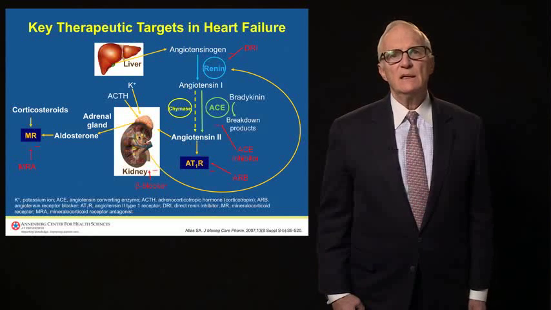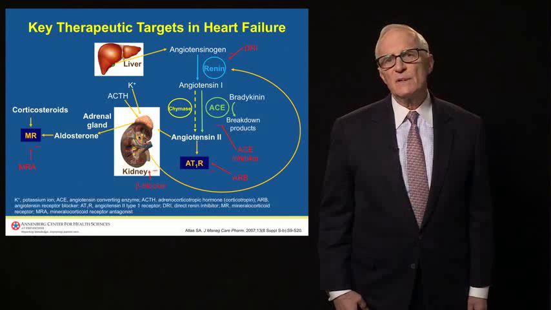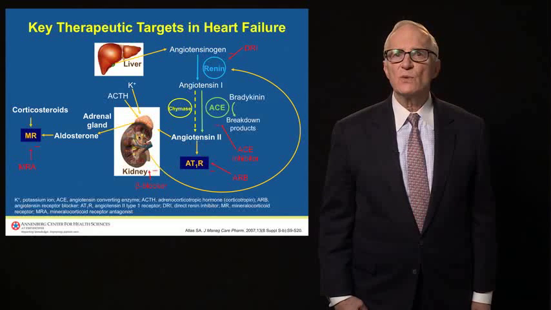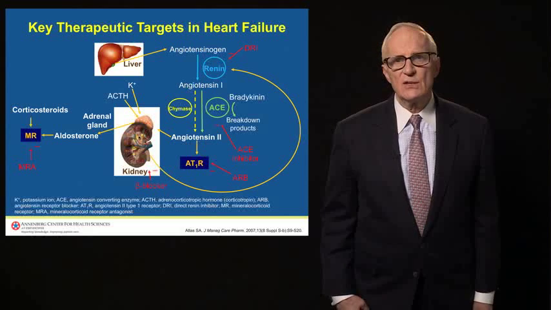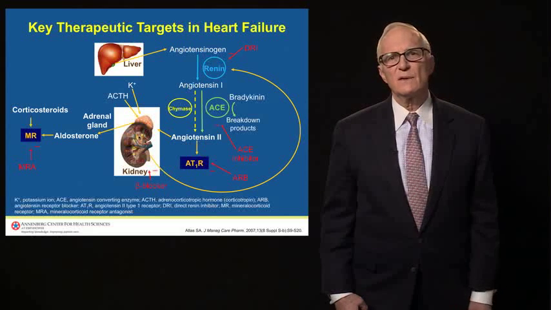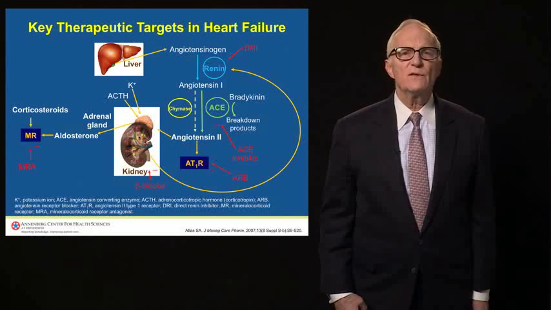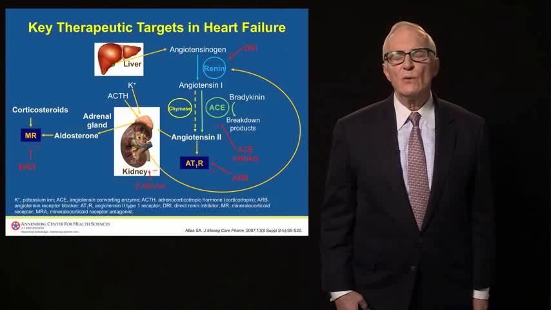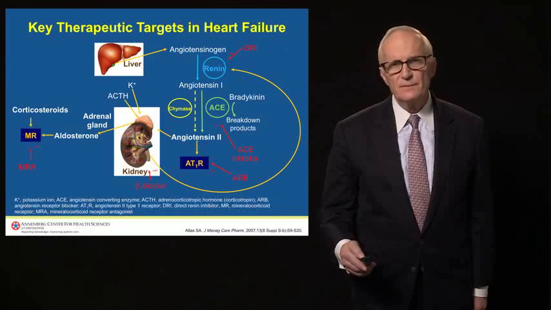And in fact, years ago, it was demonstrated that certain beta blockers, when given to patients with high renin hypertension, could be very effective in lowering the blood pressure. They're also very effective in patients with heart failure, but probably for a different reason that we'll talk about in a few minutes. Now, I've told you the loci at which interventions might be useful in patients with heart failure.